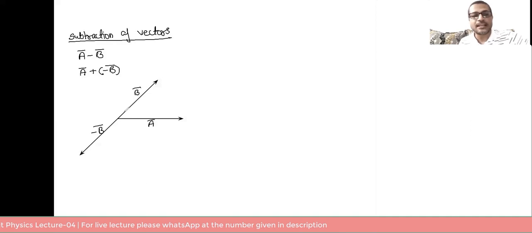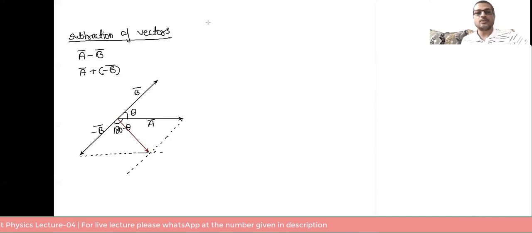Now what is this angle? This angle is theta. Total angle in a straight line is 180. So how much will this angle be? 180 minus theta. Now go about doing the same thing. Draw a parallel to this line, that is A, right? And wherever these two parallel lines meet, draw a resultant from that common point.